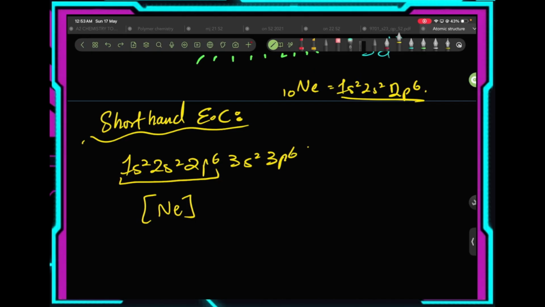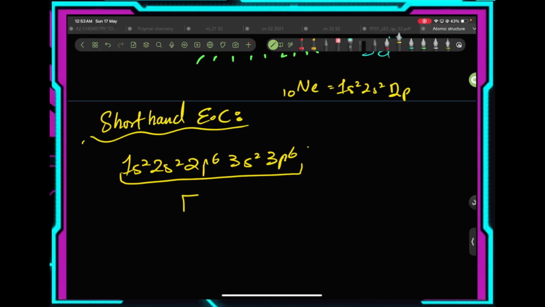And what if I had to replace this whole section till here, till 18 electrons? What would I do? I would replace it with argon. Argon has 18 electrons. I would write Ar instead of this, right?